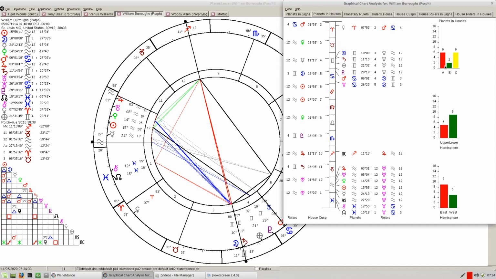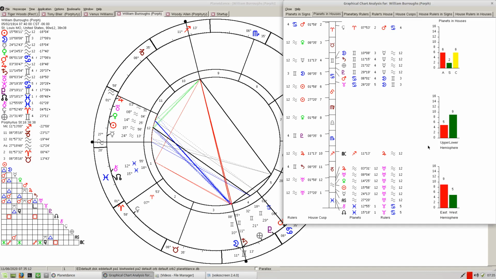So you can see Burroughs has 6 planets in angular houses, being houses 1, 4, 7 and 10, 2 in succedent, being houses 2, 5, 8 and 11, and 6 positions in cadent houses being 3, 6, 9 and 12. So just to confirm that, the angular placements being Chiron, North Node, and then Saturn, Part of Fortune, Pluto and Mars.